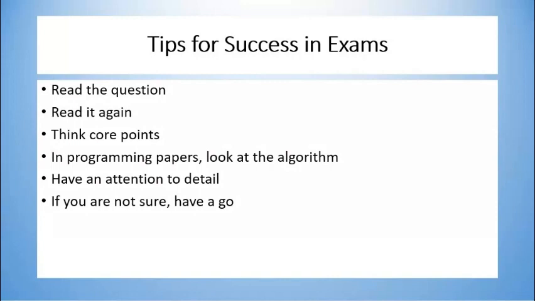In the programming papers, like your paper, whether it be paper 1 for AQA, GCSE and A level, paper 2 for OCR, paper 2 for WJEC, etc. Look at the algorithm and study it. Have attention to detail. It's always important to have that keen eye on attention to detail.